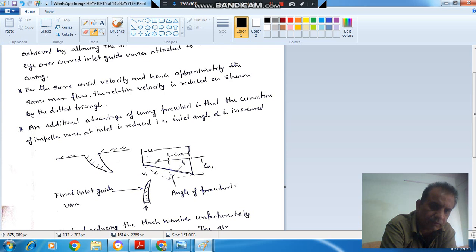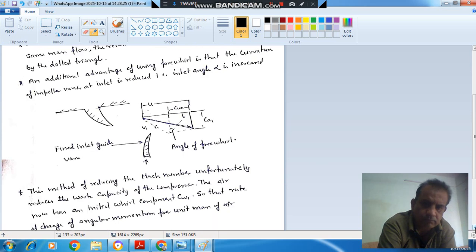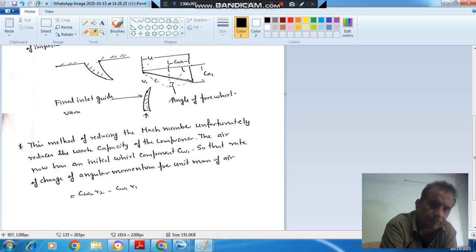So this was your initial angle alpha. Now it is more than the previous one, so the curvature has been reduced. Here we have some disadvantage also.